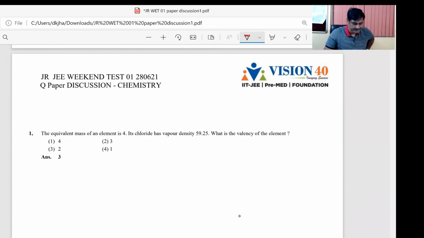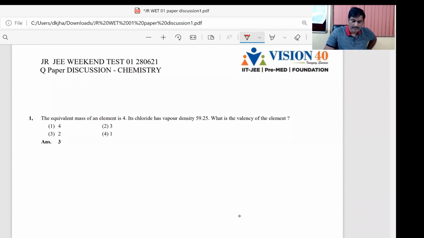This one you see now. The equivalent mass of an element is 4. Next question. Do you remember how to find the equivalent weight?